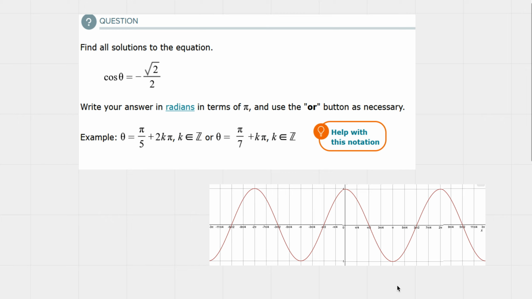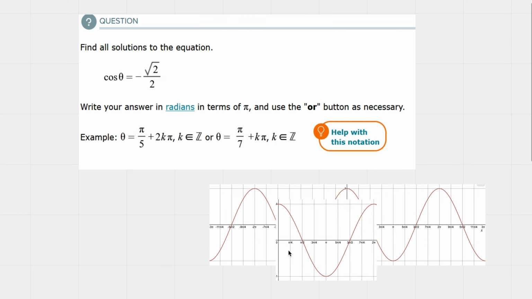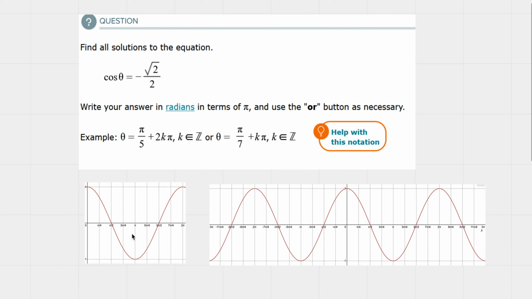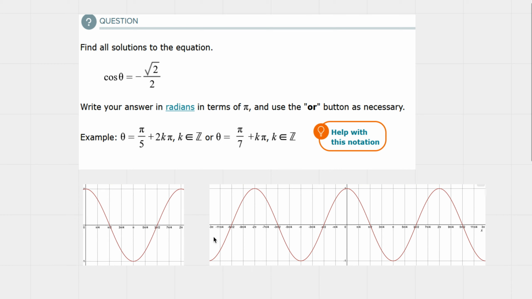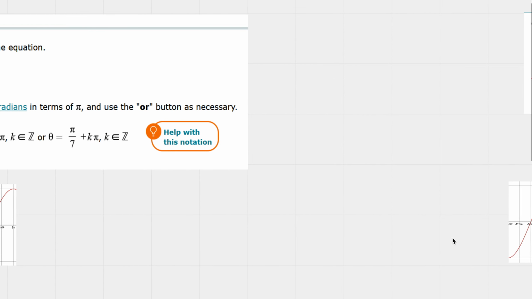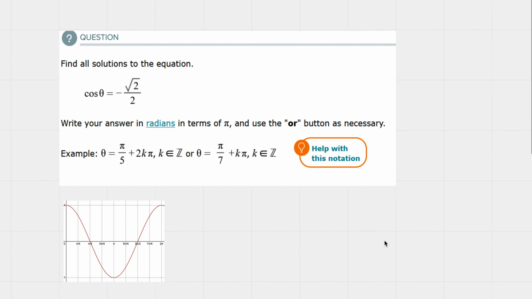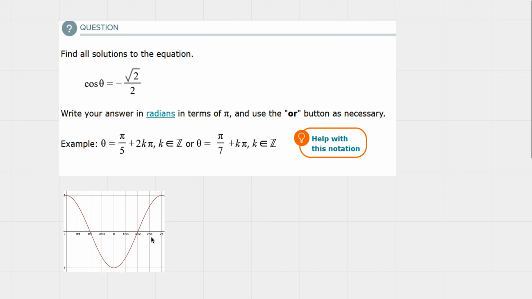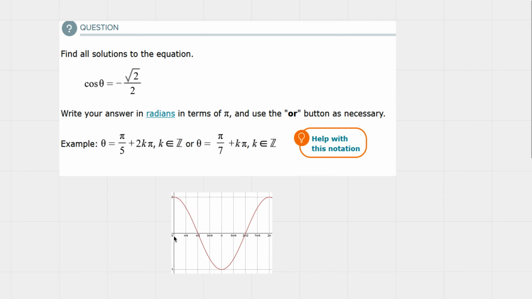We're going to make some connections and then bring it back to just using the unit circle. If I'm looking for one rotation of the unit circle, I'm really looking for the solutions for just this piece. Notice that that's from 0 to 2 pi.